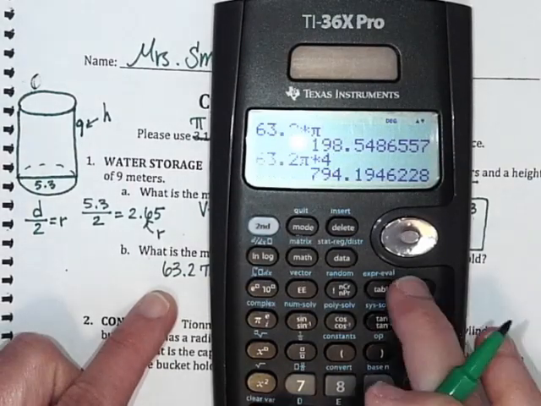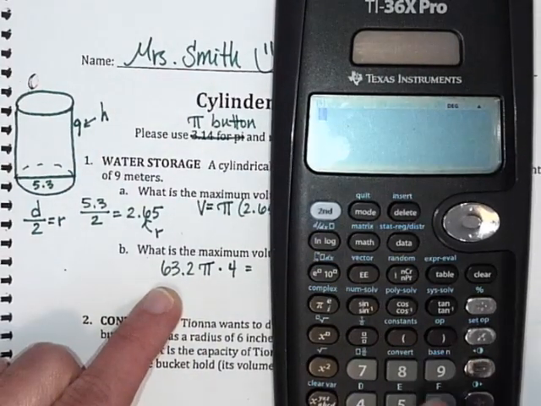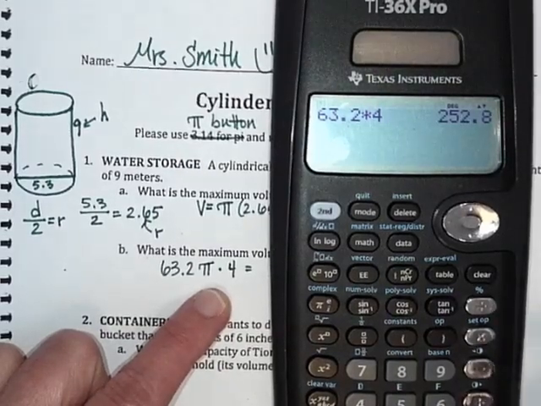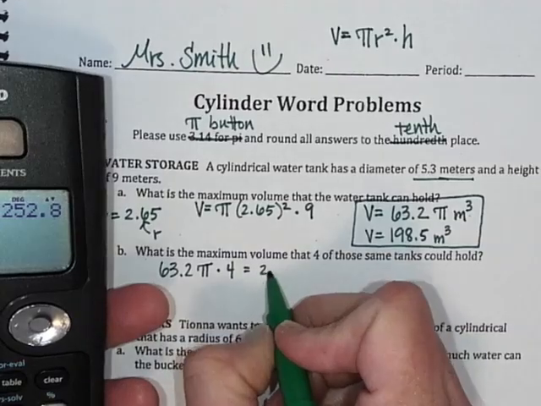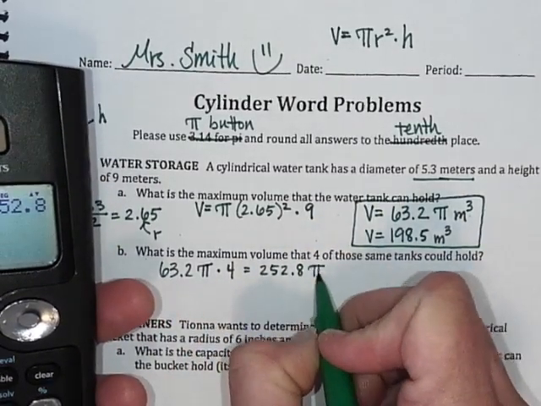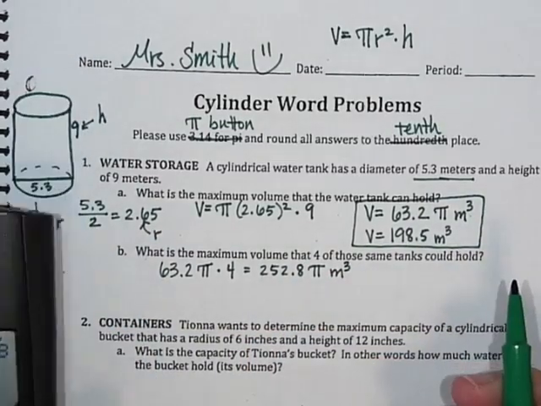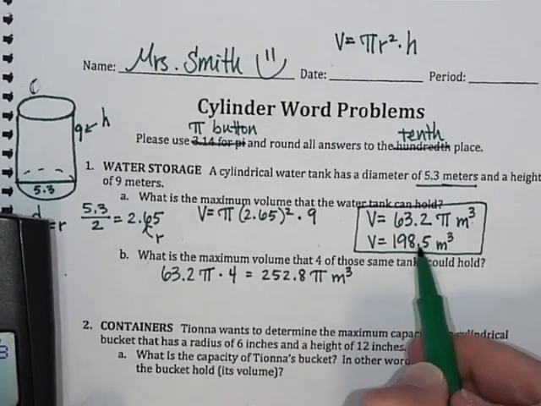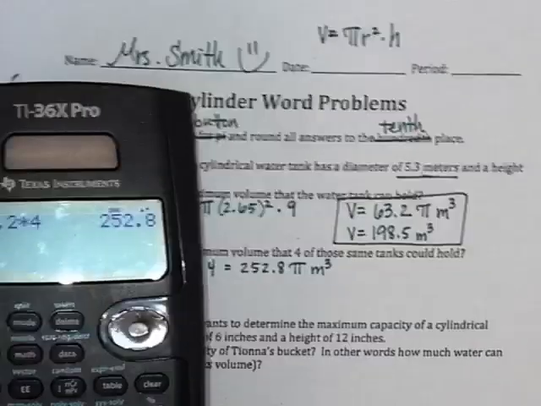And that did not give me an answer in terms of pi. Let me try it differently. We're going to do just 63.2, multiply that times 4, and then we'll write that number next to pi. 252.8 pi. And not to forget our unit, which is meters cubed. And then the second version of our answer will take this, which is the same number, just expressed differently, 198.5 times 4.